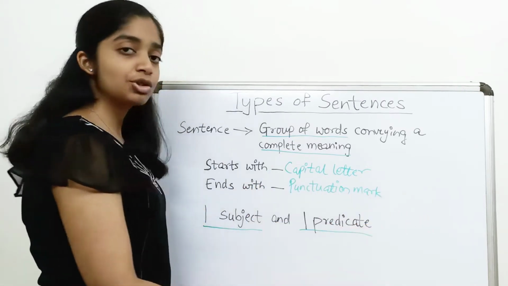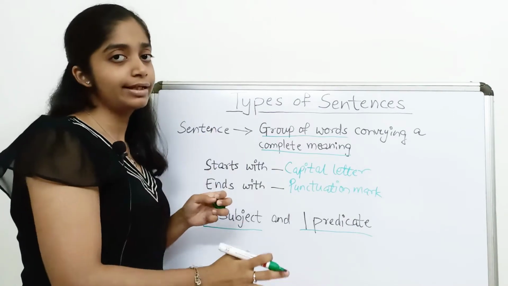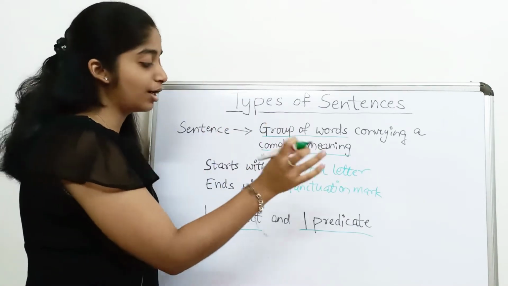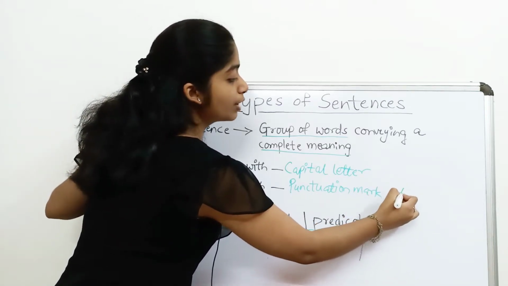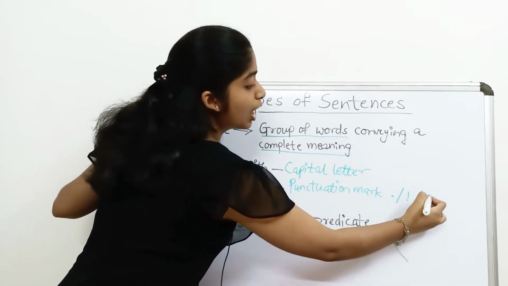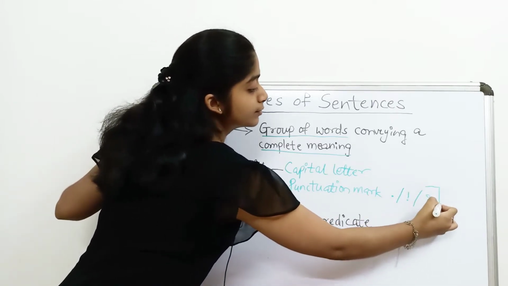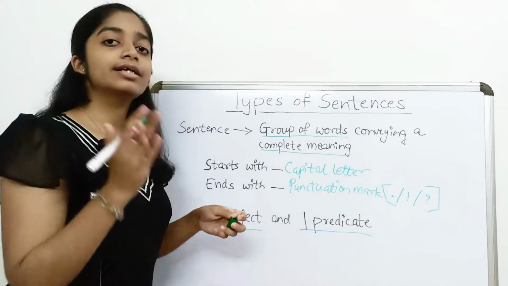A punctuation mark is with which we have to complete the sentence on that part. So it may be a full stop or an exclamation mark or a question mark. These 3 punctuation marks end the sentence.